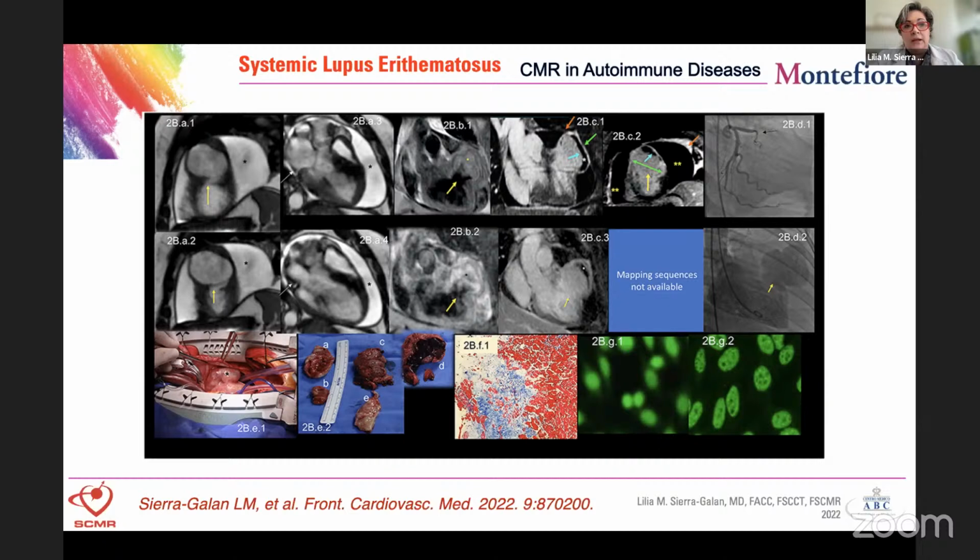But 2 months later, with the proper treatment, the stent placed, and all the medical treatment optimized for the coronary artery disease, thinking of an atherosclerosis substrate, she developed a second event. And see what happened in the second event.